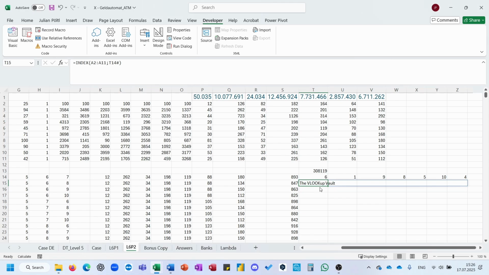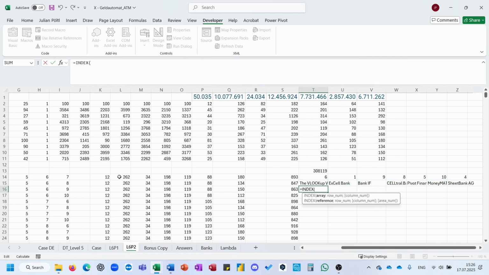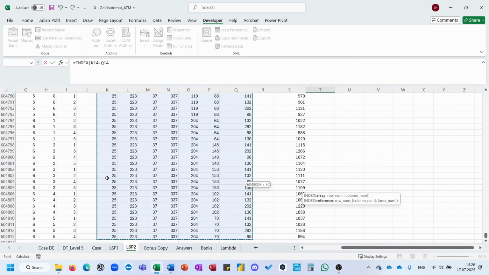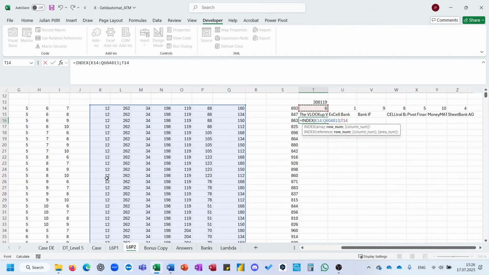Oh, you see, calculation heavy and index is not the most efficient approach, also possible. This row and the whole column as an output.